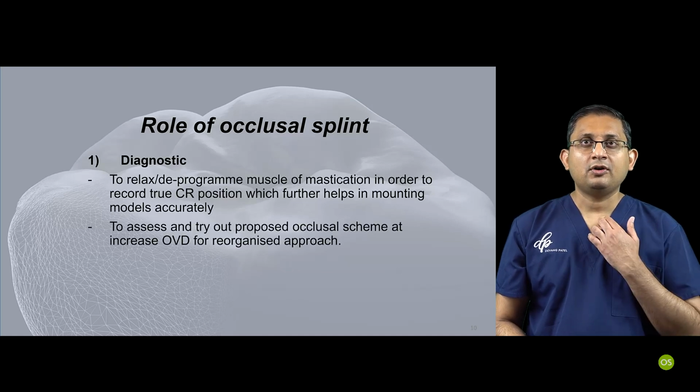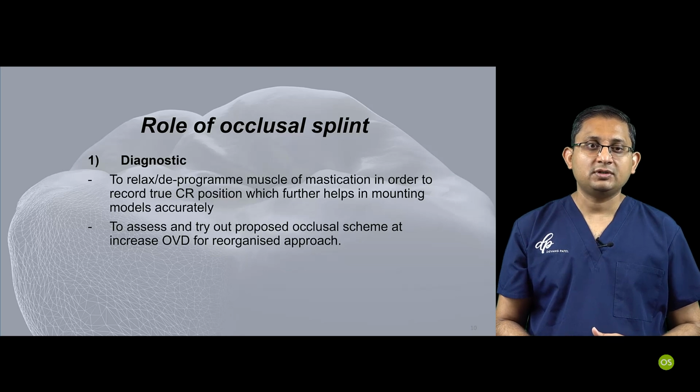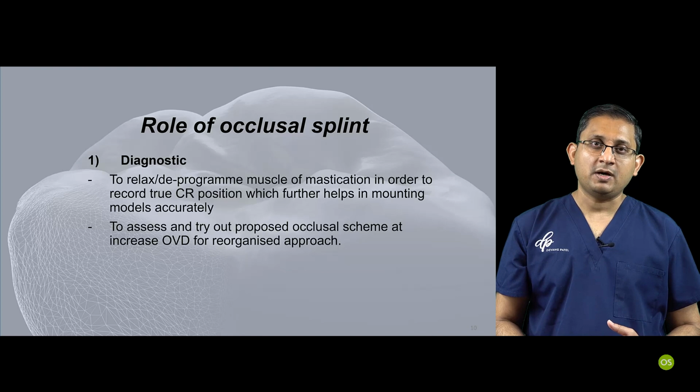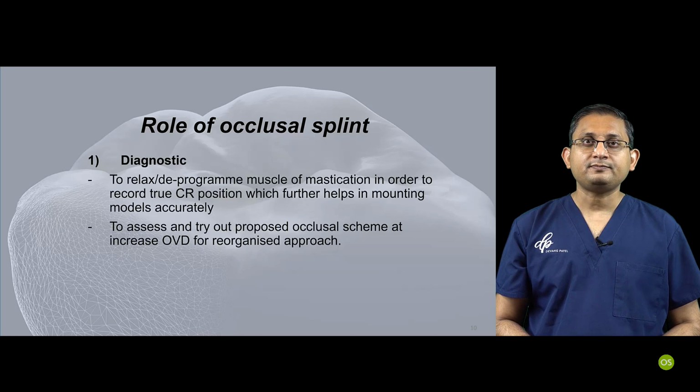The other use of the splint is if you're trying to assess a proposed occlusal scheme at increased OVD and you are worried about the patient's adaptability, then you can try out your occlusal scheme in your hard acrylic Michigan splint.